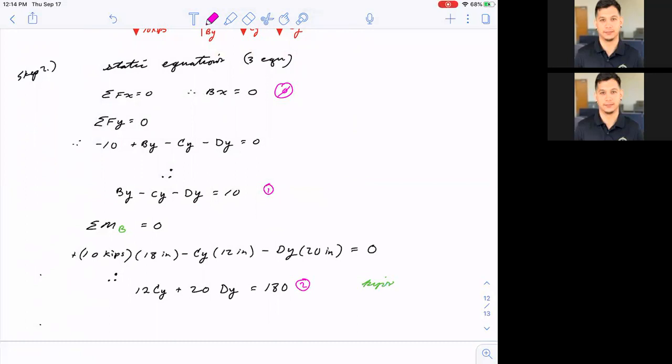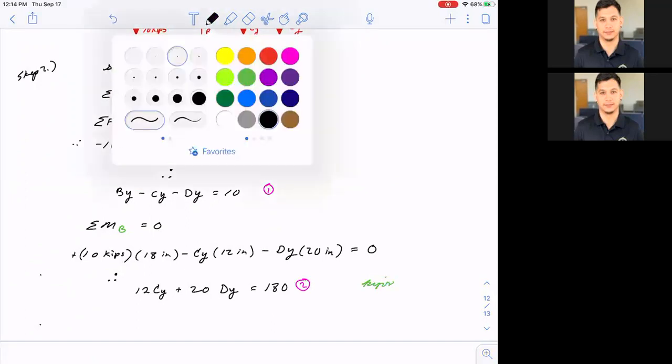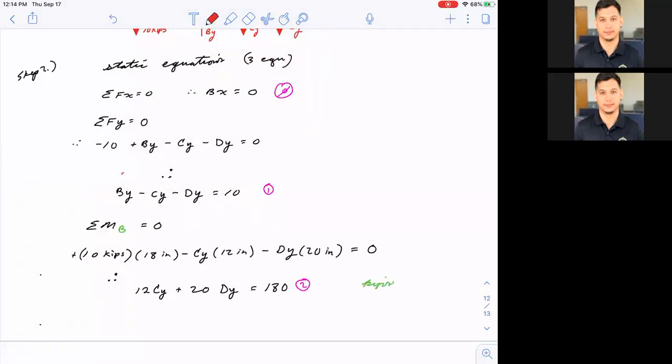So now we have used up all of our static equations, and we have to look, how many unknowns do we have? We have 1, 2, 3, and 4. So we have 4 unknowns, and we have 3 equations. So therefore, statically indeterminate.